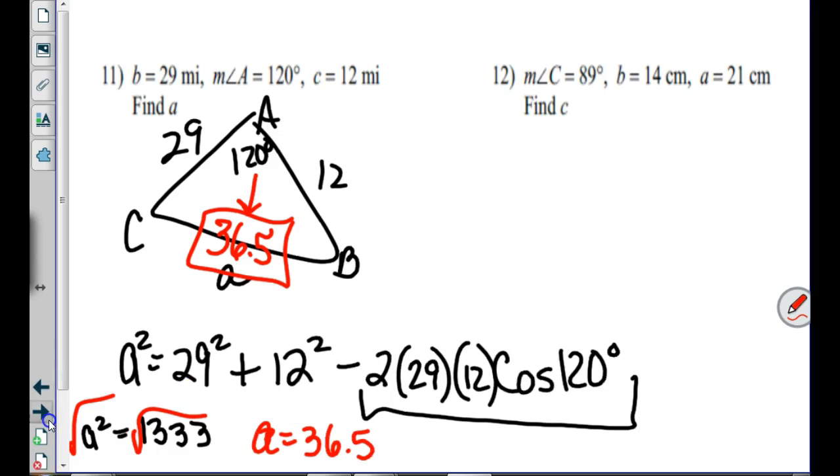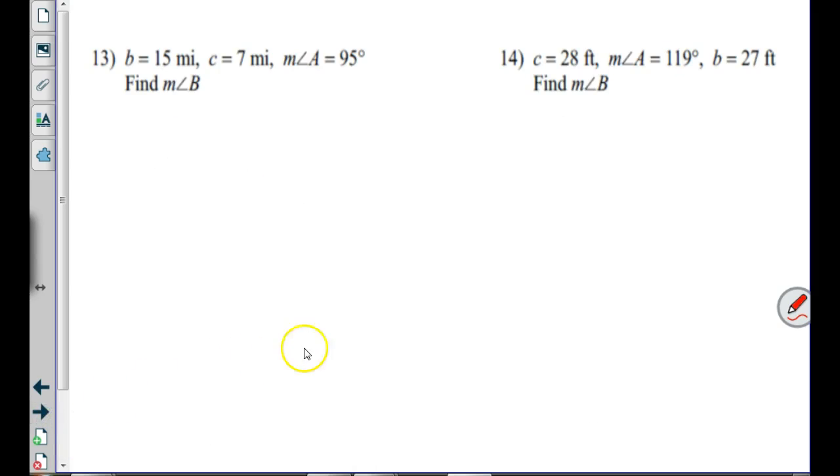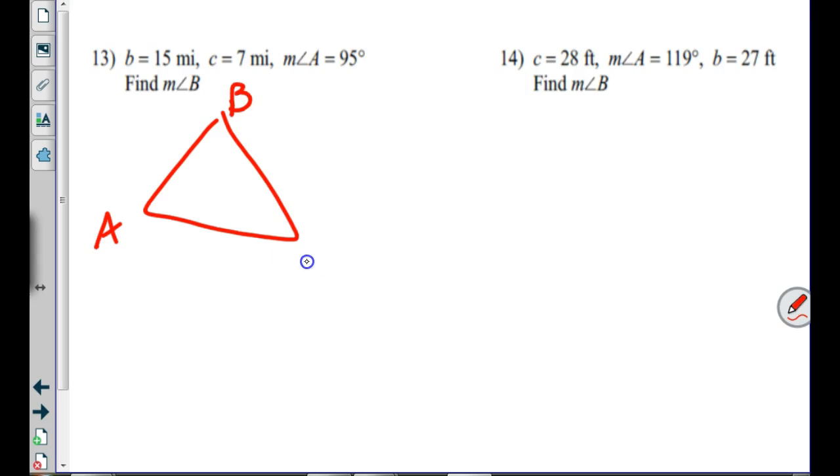Okay. Then I'm guessing there's probably one where we have to do law of sines backwards. This is not. Anybody know what you'd have to do here? Wait a minute.